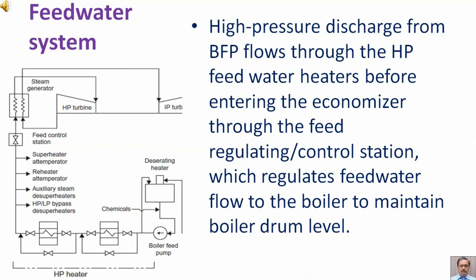High pressure discharge from BFP flows through the high pressure feedwater heaters before entering the economizer through the feed regulating control station, which regulates feedwater flow to the boiler to maintain boiler drum level.